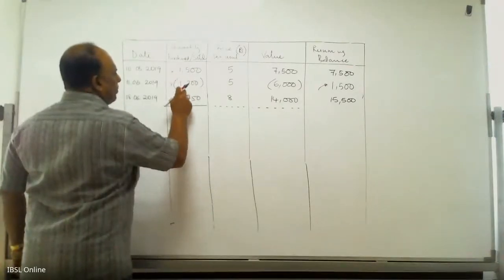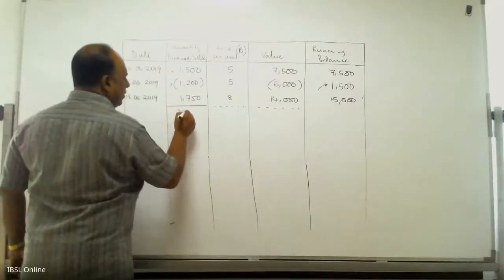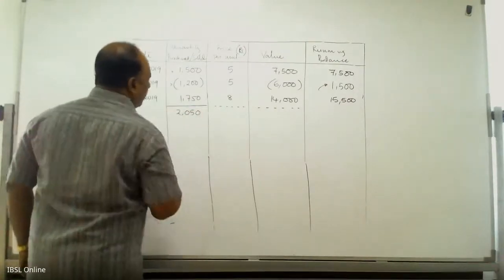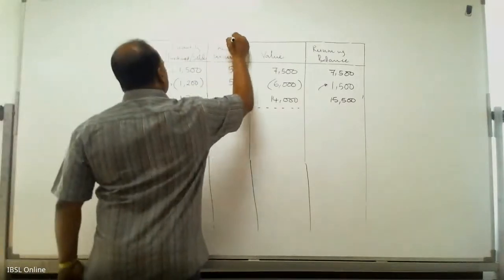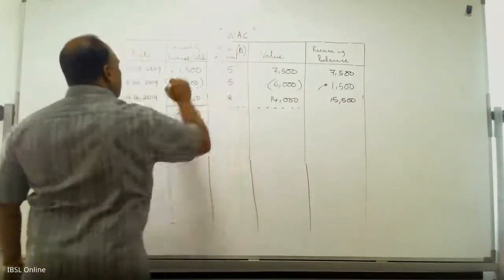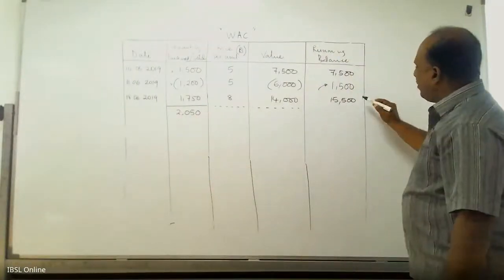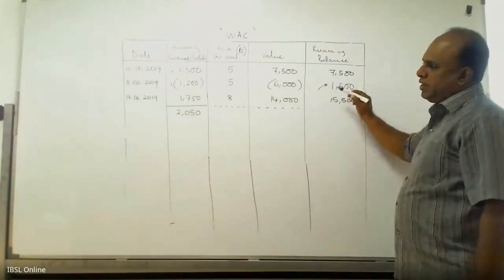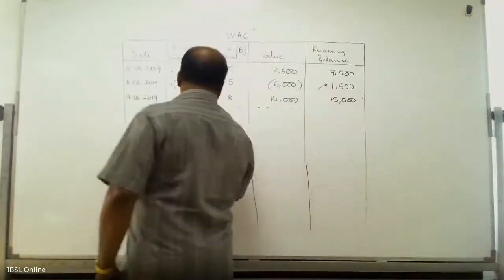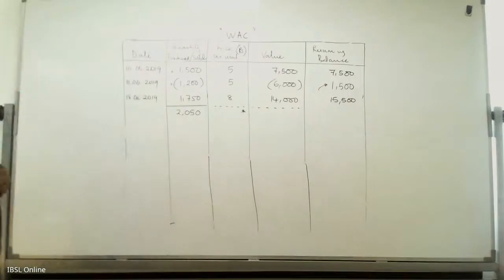So 500 minus 200 means 300. 300 plus 1,750 means you have 2,050. Now what do you mean by this? Under the weighted average cost method, you have 2,050 units at a value of 15,500.